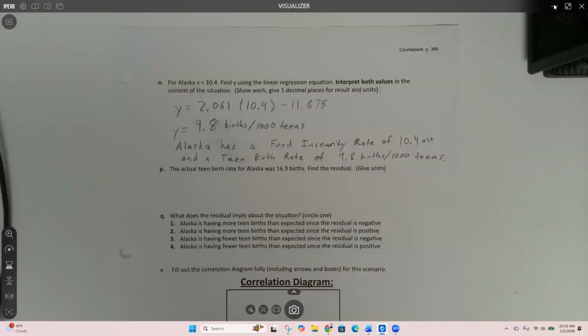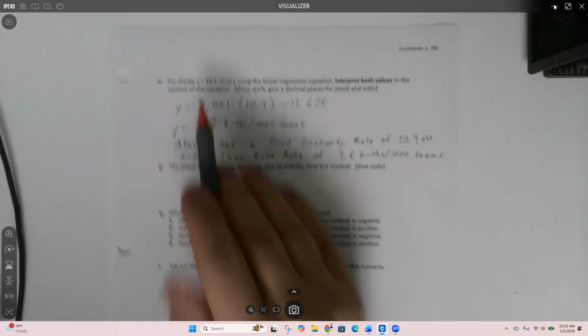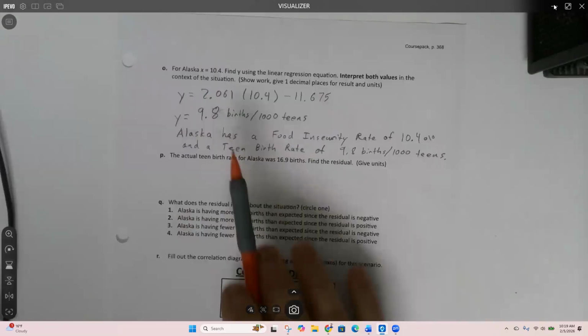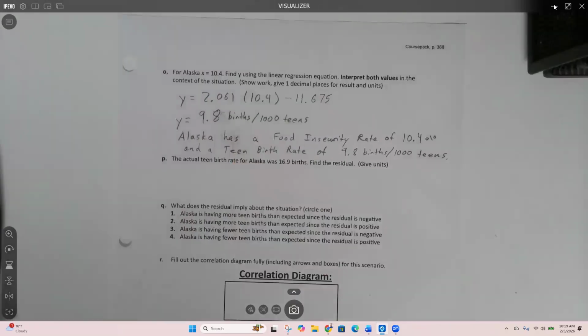Okay. You just write out what those two numbers mean, right? They give us X, we found Y. What do they mean? Put units on them.